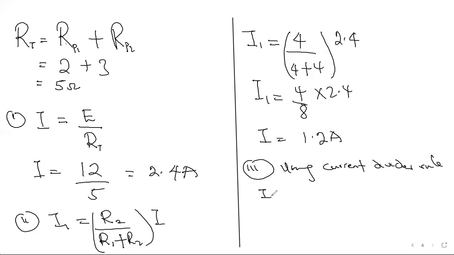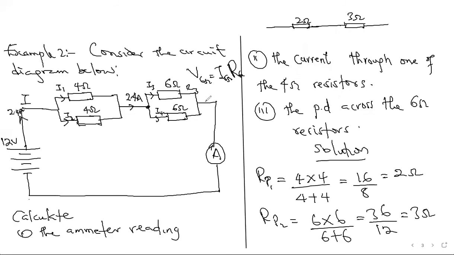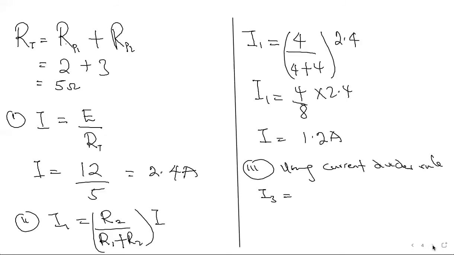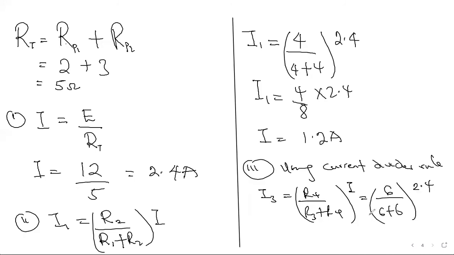If I call this R3 and this R4, I3 will be R4 over R3 plus R4 multiplied by I. That will be 6 over 6 plus 6 multiplied by 2.4, so 6 over 12 times 2.4. We share it equally again, so that will be 1.2 amps. The same 1.2 will flow through each.